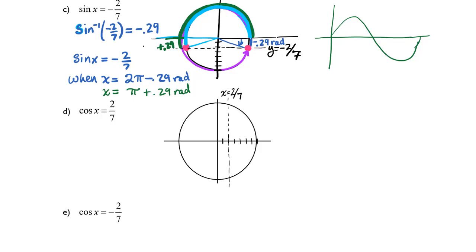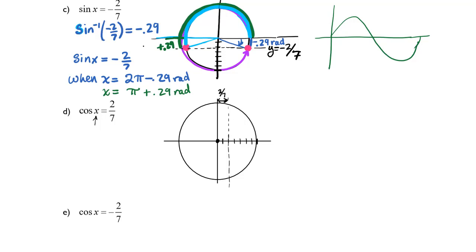Now remember, I am looking for horizontal change of 2/7. I'm not looking for the angle yet. I will be in a second. So don't get too confused by the fact that I keep saying x and y equal 2/7. It's how far in the x direction, so the horizontal shift away from the origin of 2/7.